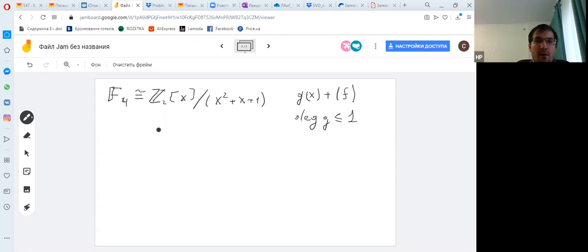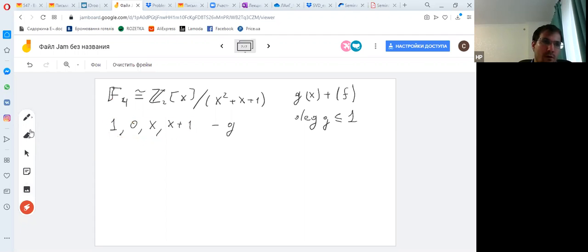So we have such polynomials g: 0, 1, x, and x plus 1. This is all possibilities for g. I'm sorry, I said r. Okay, let us use g. That's all.